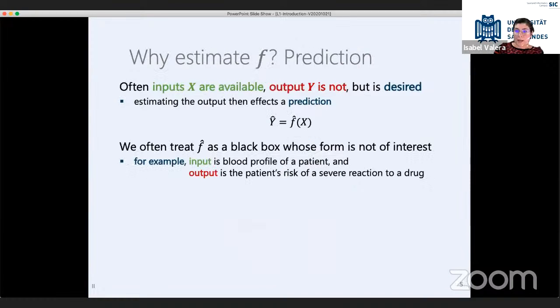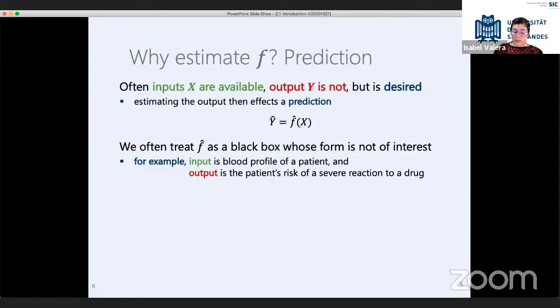So what we aim for is to find a function, which I'm going to call f hat, that tries to predict this target or output variable. In general, we are going to assume that all the inputs are available, and that the target, the output variable, is not visible for future data.